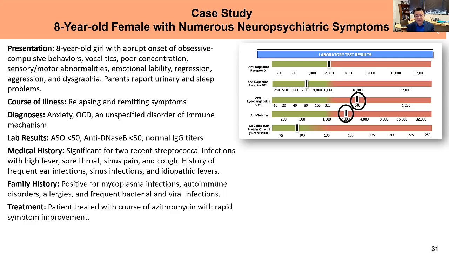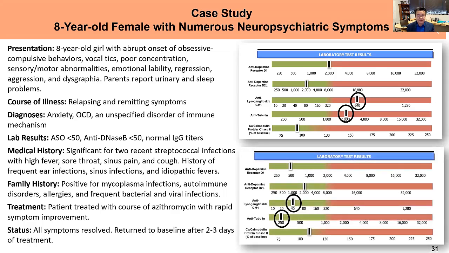Because in this case, most likely the long-term B cell activity may not have been activated long enough, such that you remove the underlying trigger, and in this case all her symptoms were resolved, returned to baseline, and as you can see, her lysoganglioside and antitubulin were returned back to normal.